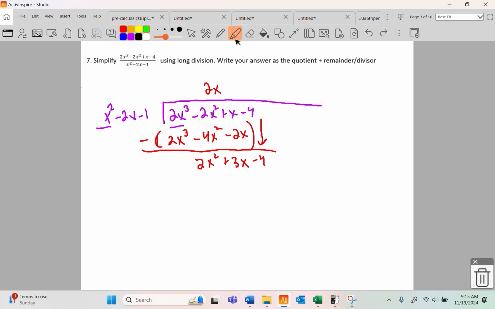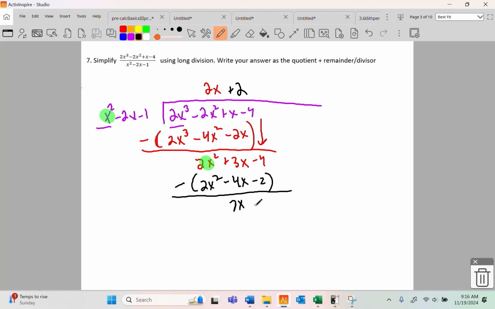New goal is 2x squared. I just need a 2. So plus a 2. 2 times x squared, 2x squared. 2 times negative 2x, minus 4x. 2 times negative 1, minus 2. And again, right before you subtract, the x squareds are gone. 3 take away a negative 4 is 7.